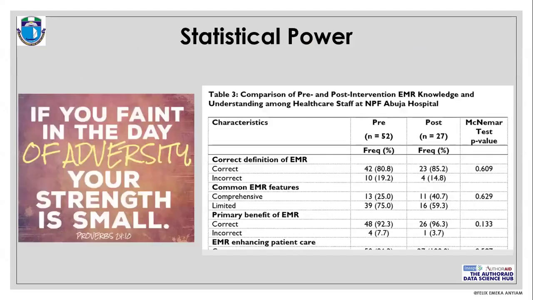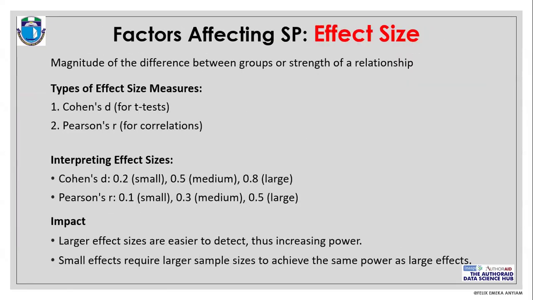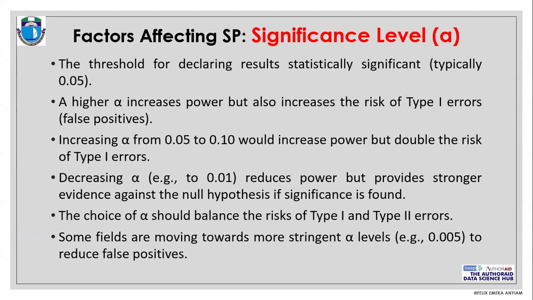This is it. There's no p-value here that is less than 0.05. None. Everything is non-significant. Why? Because the power is small. So for you to be able to achieve 0.05 and less to show a statistically significant difference, your power must be really good.